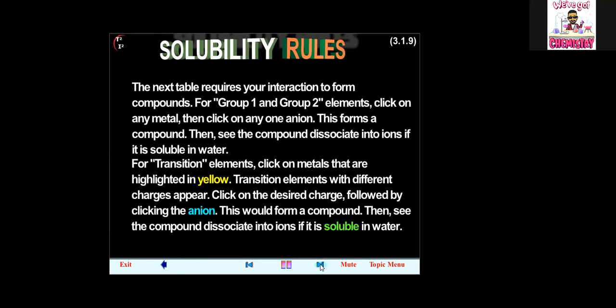For transition elements, click on metals that are highlighted in yellow. Transition elements with different charges appear. Click on the charge that you want, followed by clicking the anion. This would form a compound. Then see the compound dissociate into ions if it is soluble in water.